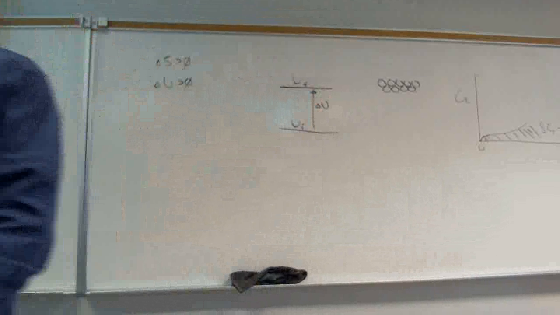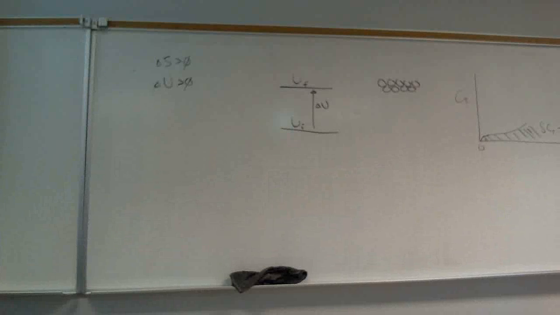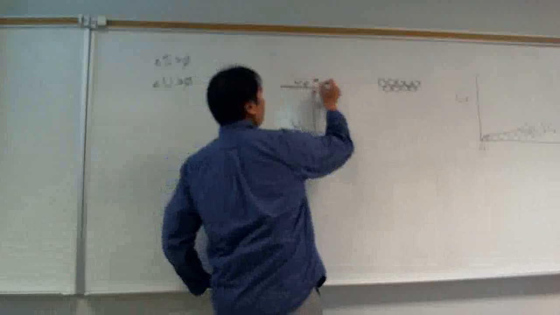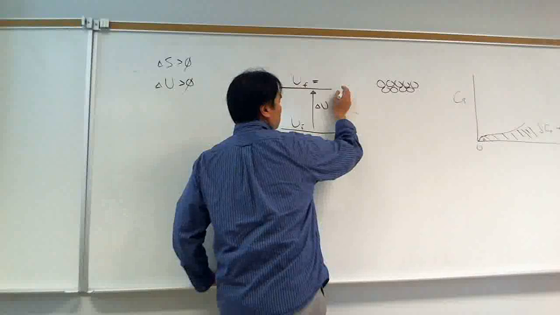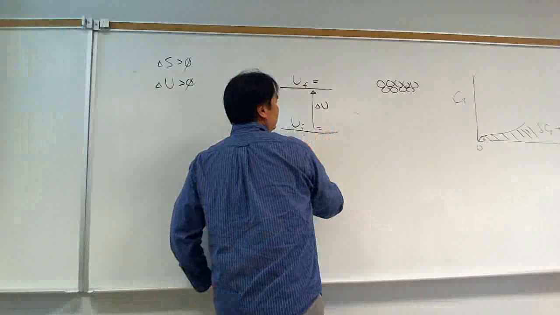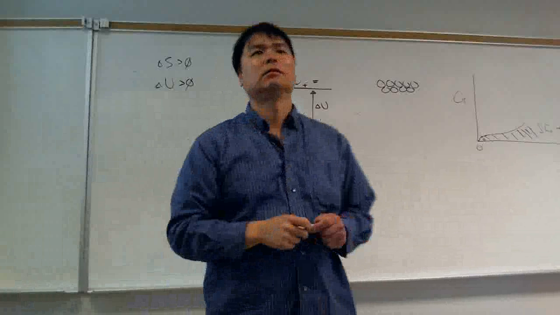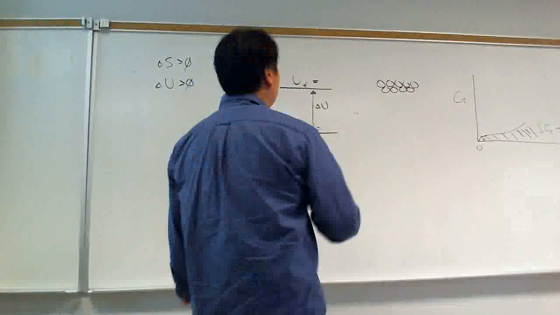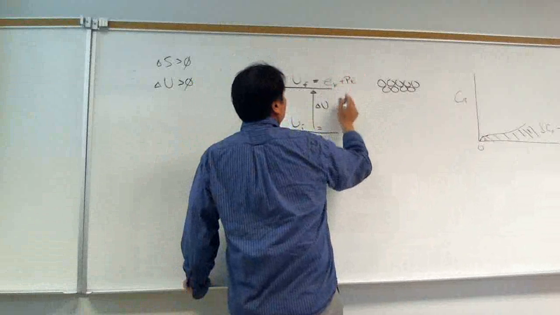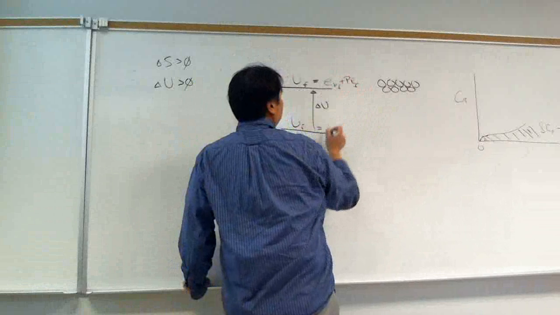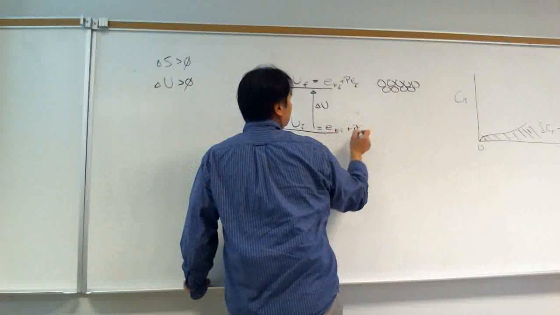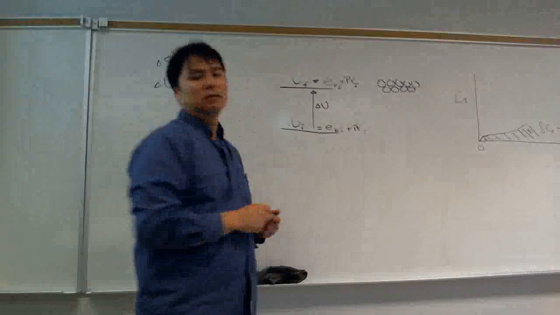Right? And then we know U final minus U initial is equal to what? EK final plus PE final minus EK initial plus PE initial.